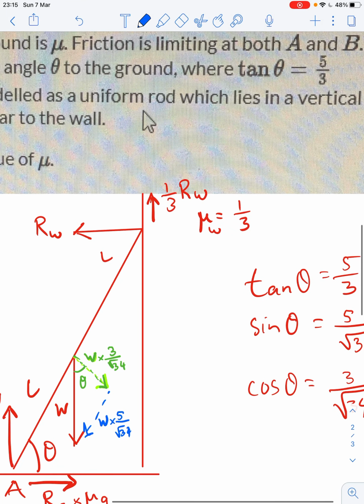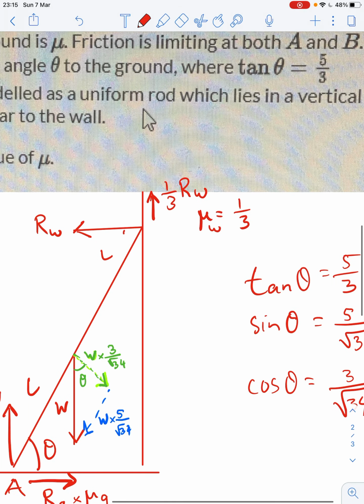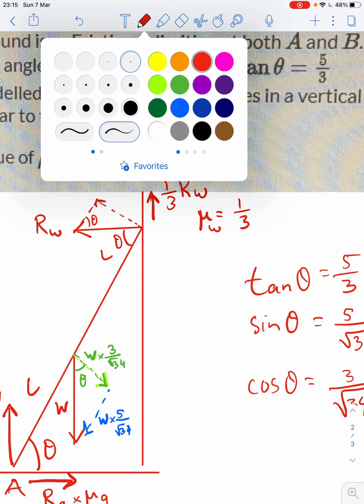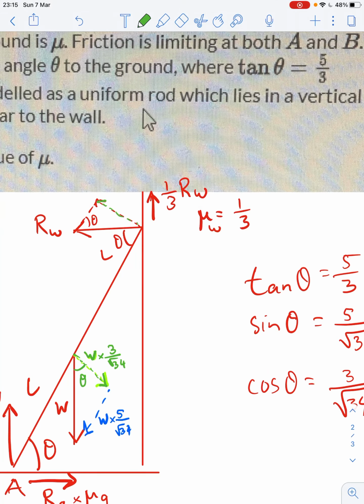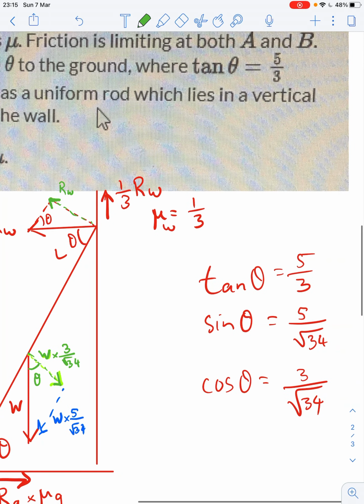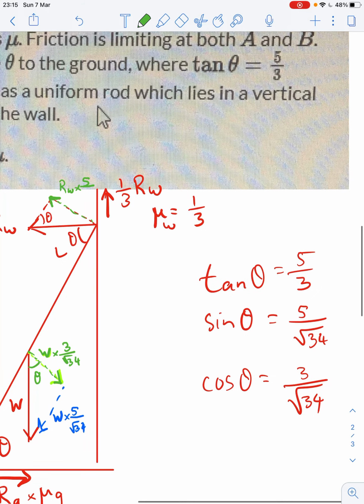And up at the wall, this angle will be theta, and therefore this angle will be theta. And so we have our perpendicular force. It's going to be RW times sine theta, so that's times 5 over root 34.